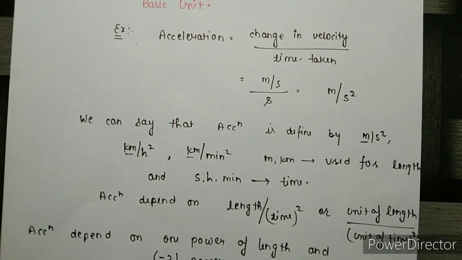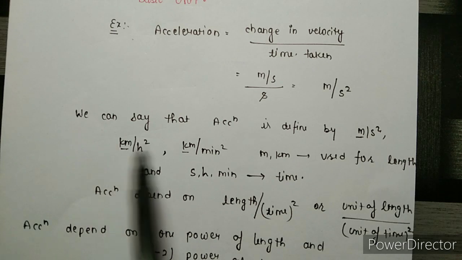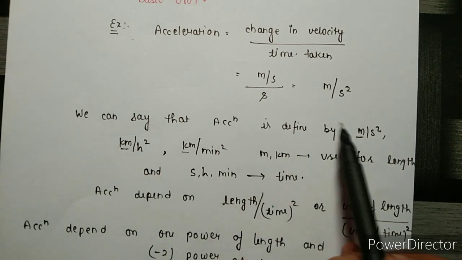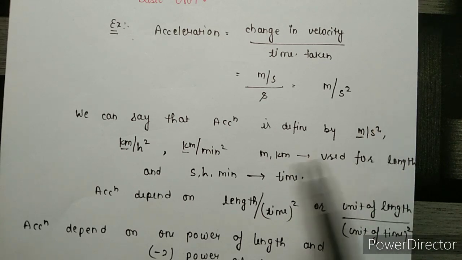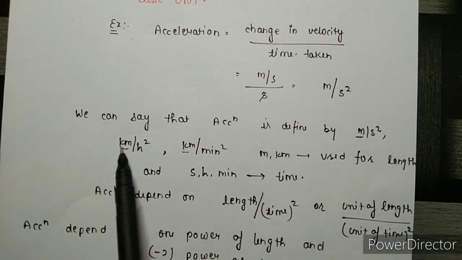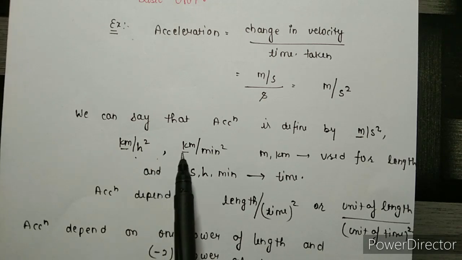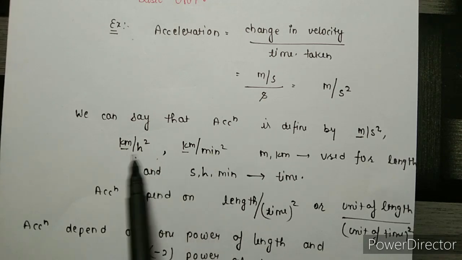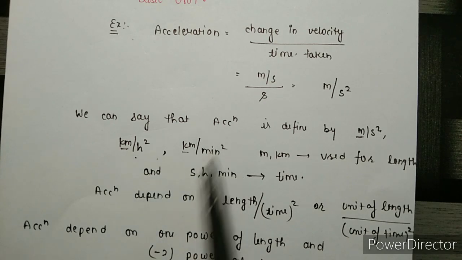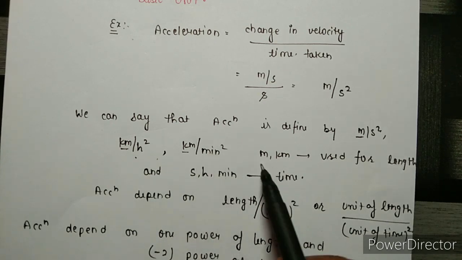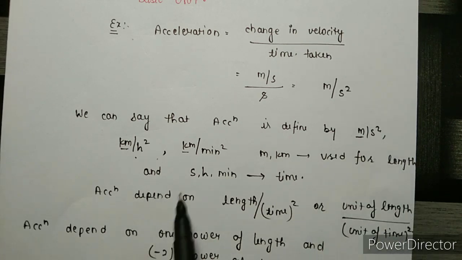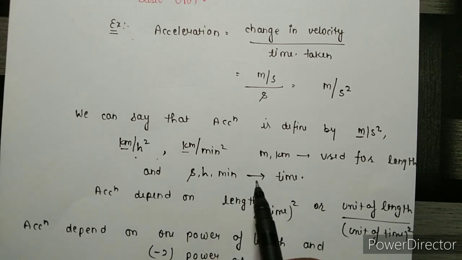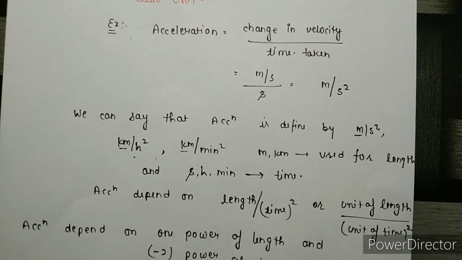Now, we can say that acceleration is defined by meter per second square, and we can also say kilometer per hour square or kilometer per minute square. Both these units also define acceleration, in which meter and kilometer are used for length, and second, hour or minute are used for time.